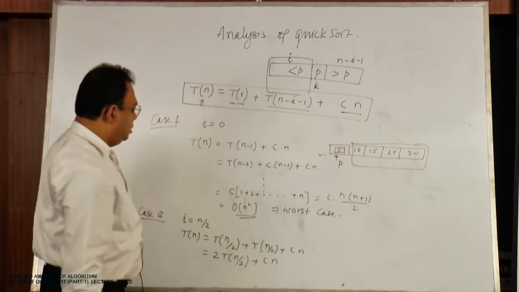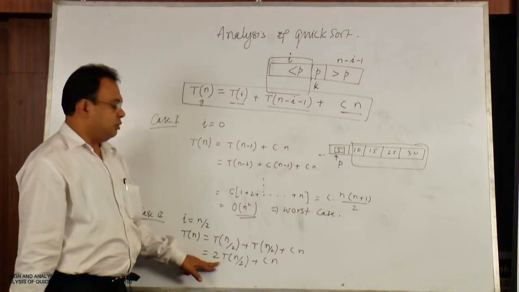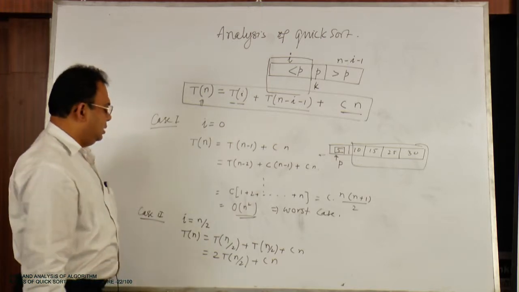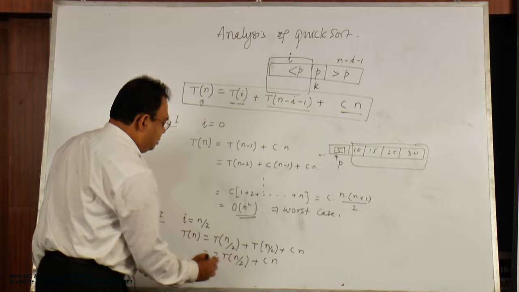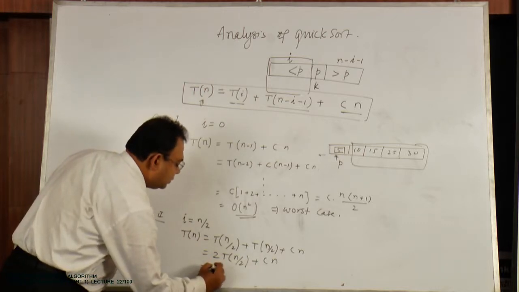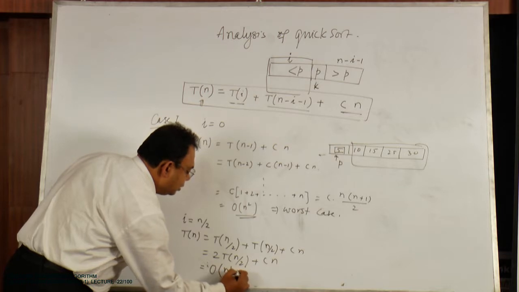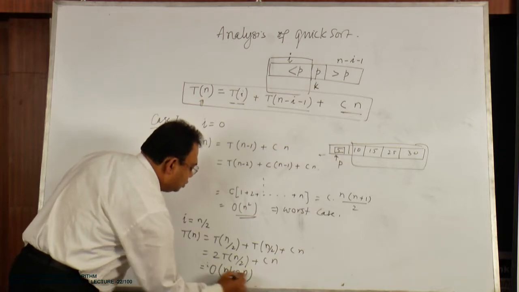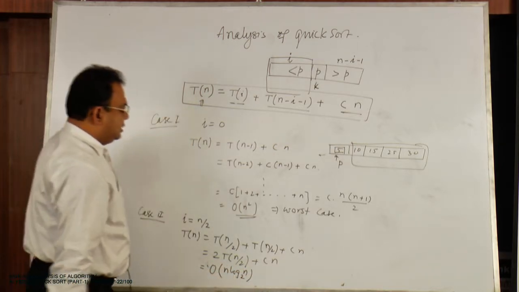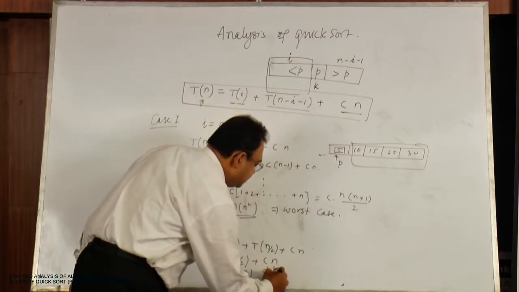This is a well known recurrence that we have solved in merge sort, and if we solve it, it will be big O of n log n base 2. So, that is the best case.